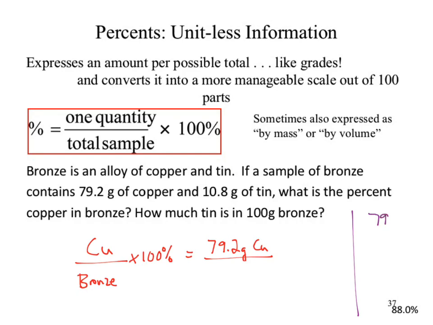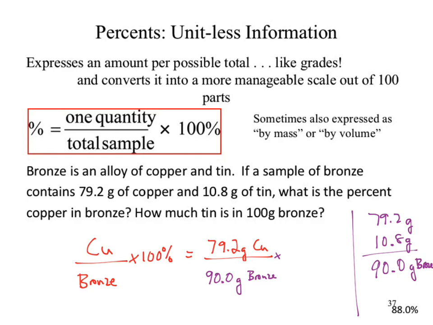We took the two and we added them to each other, and we get 90.0 grams of bronze. Close enough. It's not that dramatic. 90.0 grams bronze.